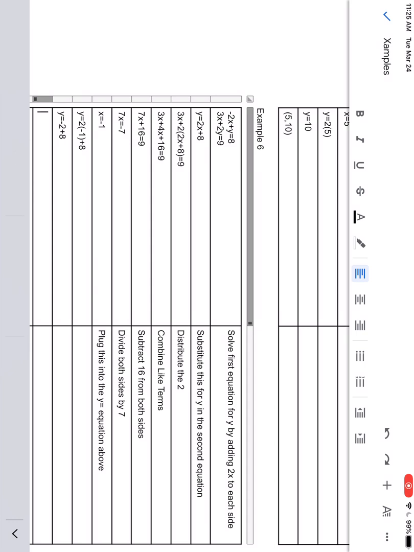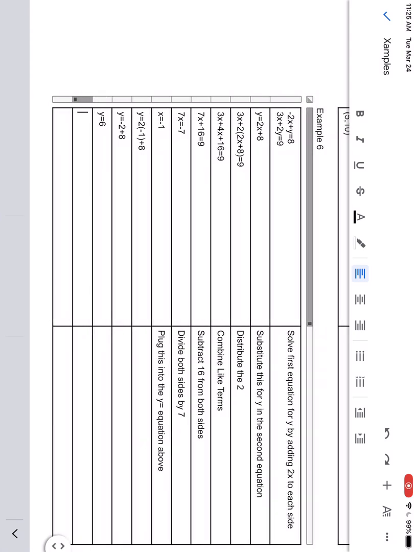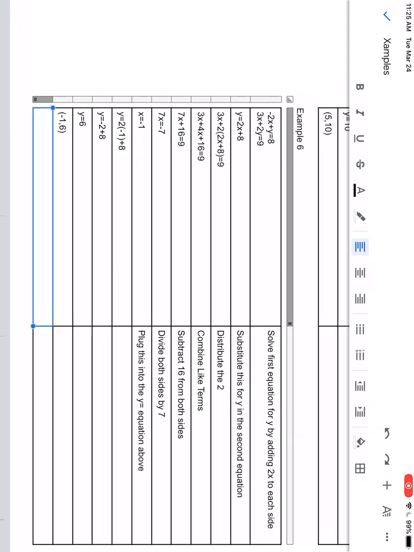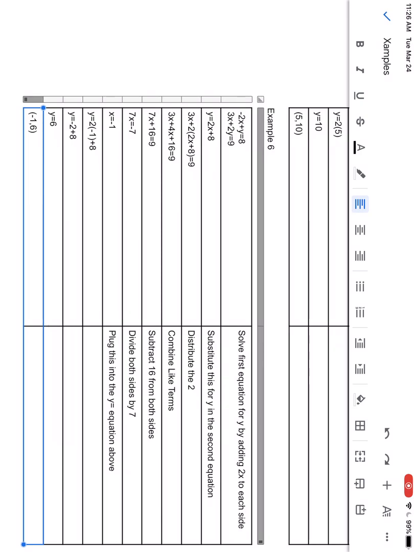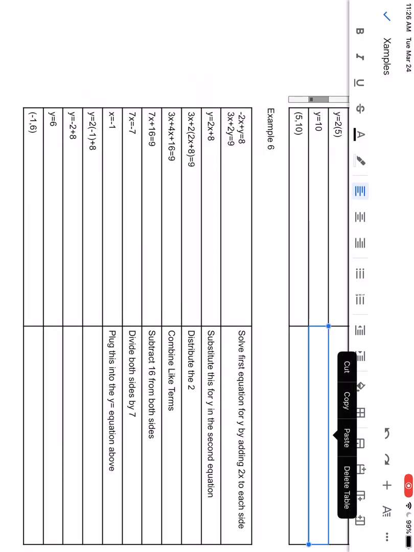It's entirely up to you if you want to show this level of work, because I would expect you can manipulate this in your head. But we do need to remember to include the final answers in the ordered pair. And I wound up with a row I didn't need, so I can tap on the outside edge, and then I can hit delete row. It goes away, and there is the table with exactly what I need in it.